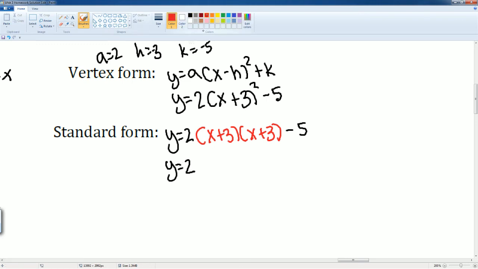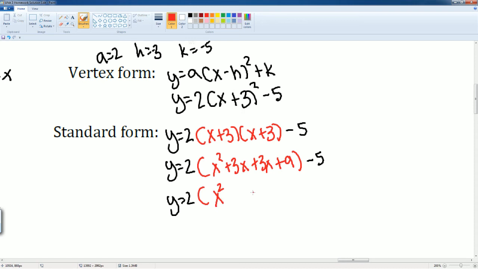So x times x, x squared plus 3x plus 3x plus 9 inside the parentheses. I'm still going to combine what's inside the parentheses, so hang on. I rewrite everything: x squared, 3x plus 3x is 6x, plus 9. Close the parentheses. Then you have a minus 5 here.